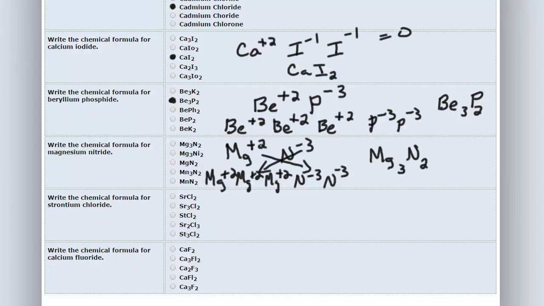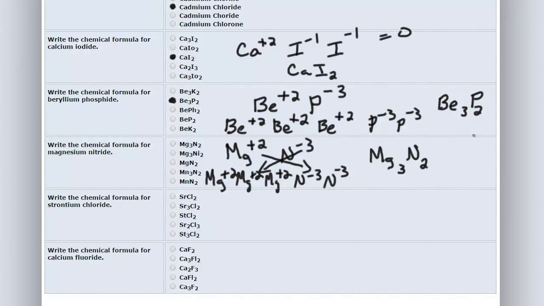Notice that 3 times 2 is 6, so if we had 3 magnesiums and 2 nitrides, you can probably start doing that in your head now. This little crisscross method works great. That's just another way to do things.